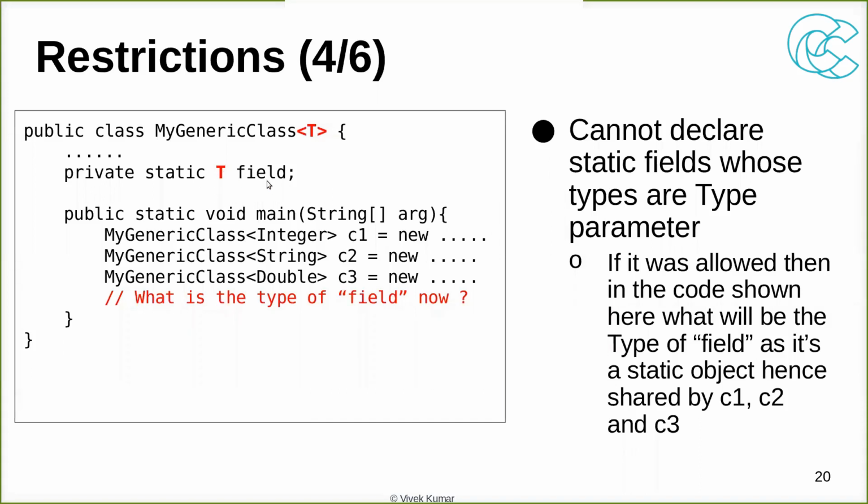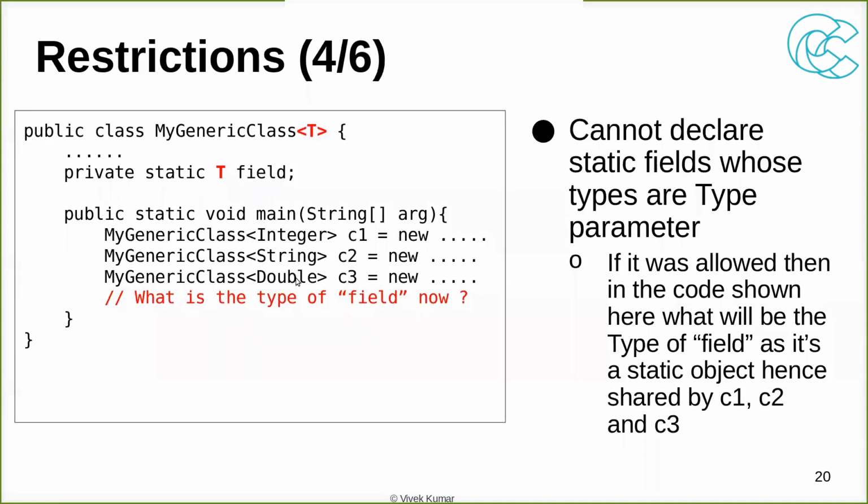It's a class level variable common to every instance of the MyGeneric class. An example is given here. Let's say you have C1, C2, C3, which are instances of the MyGeneric class, and each one has a different data type. C1 is of type Integer, C2 is String, and C3 is Double.